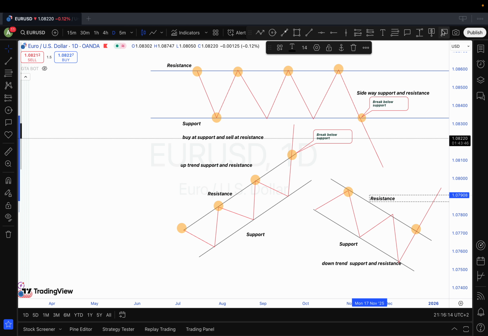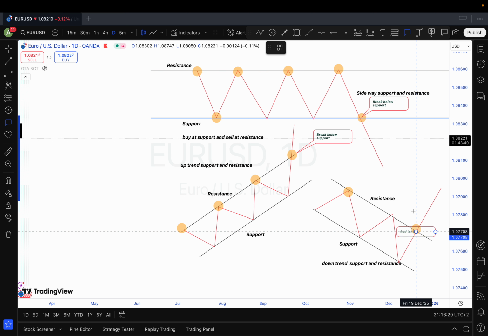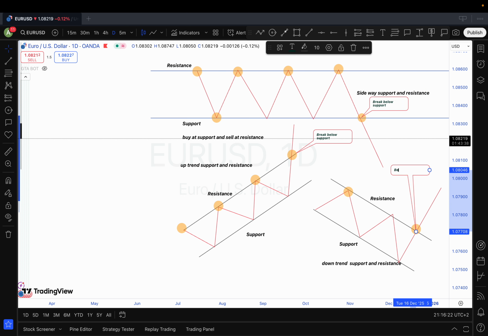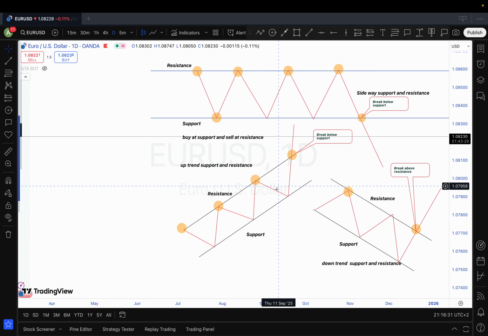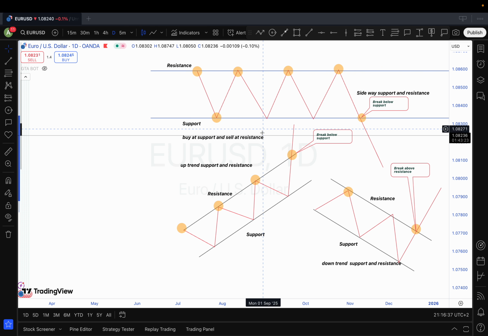This is another breakout, a break above the resistance. So break above resistance, and then it can as well just come here, depending. So this is just a normal principle of breakout in the market.